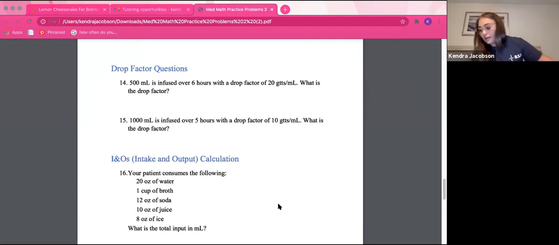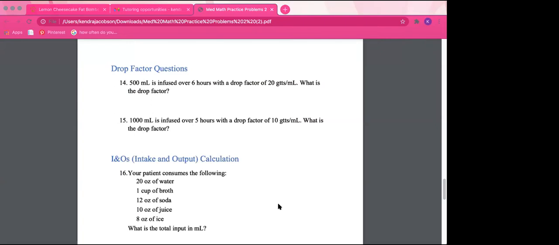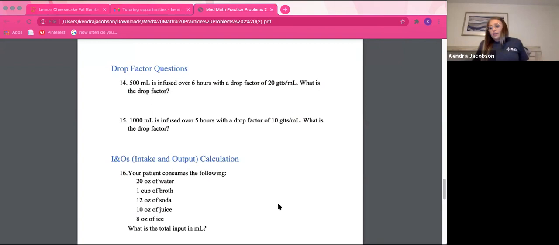Does someone know how many milliliters in 20 ounces of water? Yep, there's going to be the 600 milliliters in that cup of water. So how I would do this is I would put the 20 times 30 next to it and then put my answer and just essentially have them all lined up so I can easily add them when I'm done.